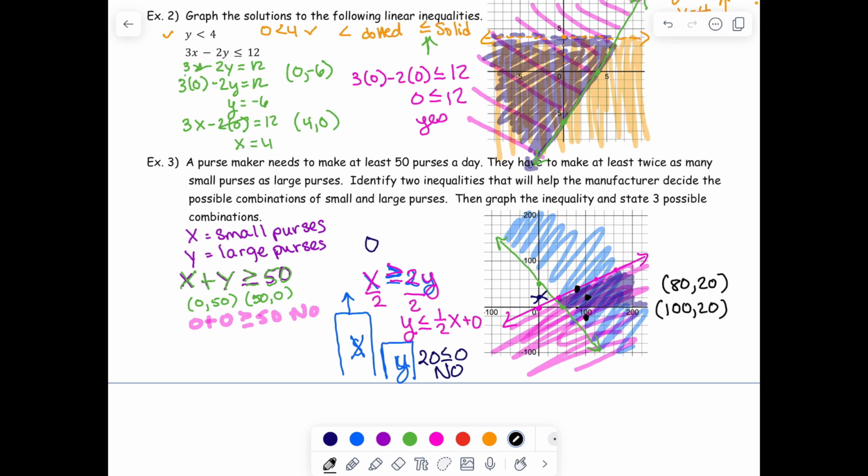And we could also do one that's in the middle, 140 and 20, right? Because those are at least, right? So these are all possibilities, and they're all in this region right here.